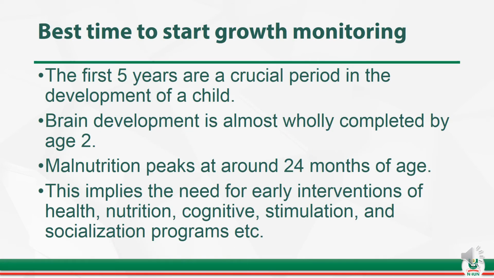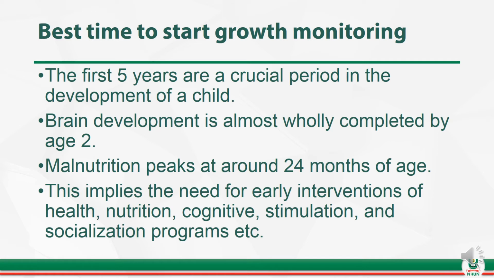So when is the best time to start growth monitoring of a child? The first 5 years, of course, is very crucial in the development of any child, especially brain development, which is almost completed at age 2. So it is important that you start to monitor children before that age. Malnutrition peaks at around 24 months of age.